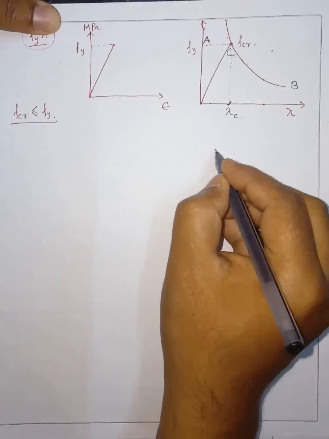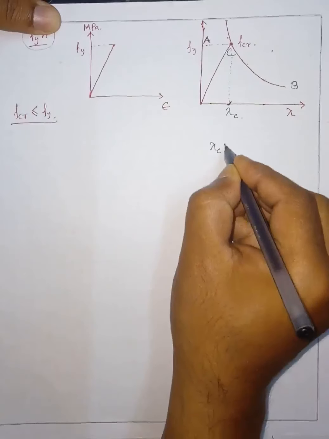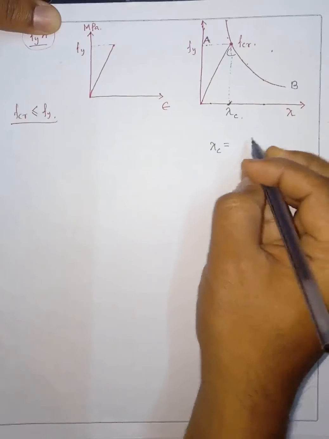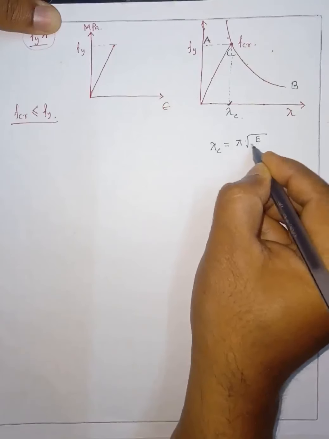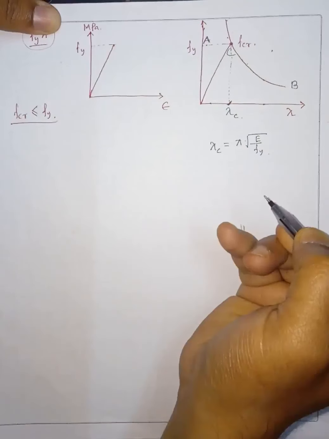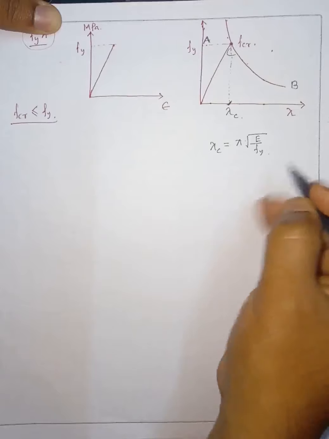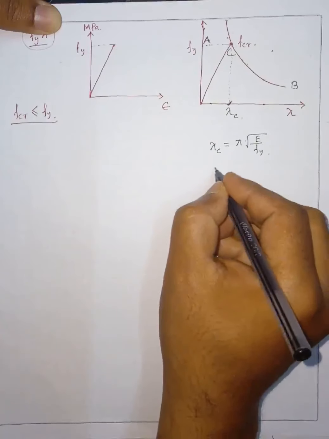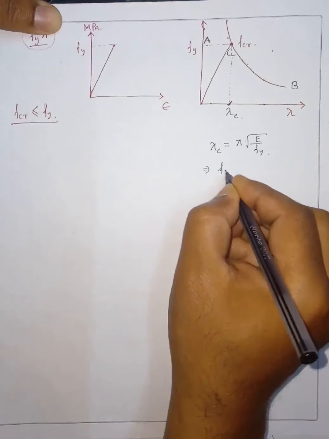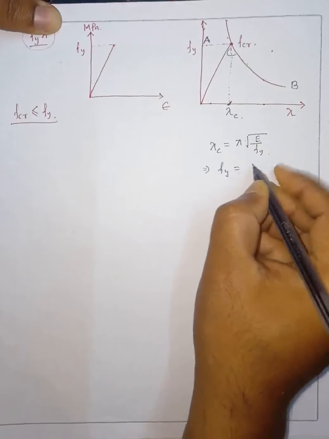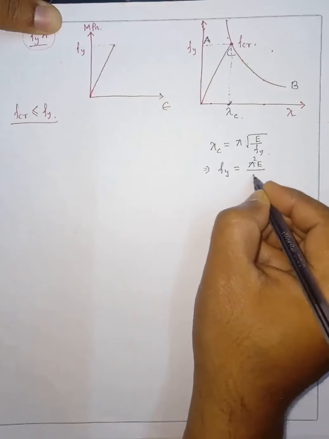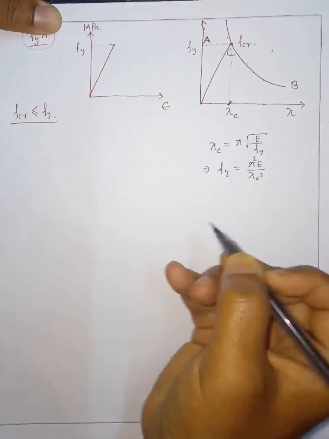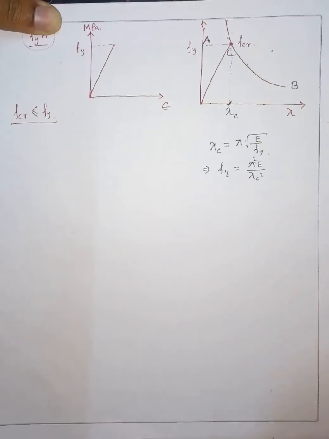So we can write lambda c is equal to pi into square root of E by Fy. If you ask how, we can write Fy is equal to pi square E by lambda c square, from the formula which was written here.